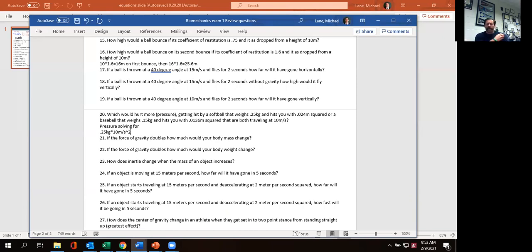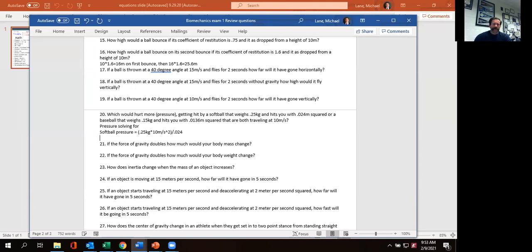Okay, and so remember, pressure equals force divided by the area. Force equals mass times acceleration. So 0.25 times 10, and then order of operations, guys, is always a big deal. It's something easy to mess up if you're not paying attention. Then we're going to divide that by its surface area, which is going to be 0.024.